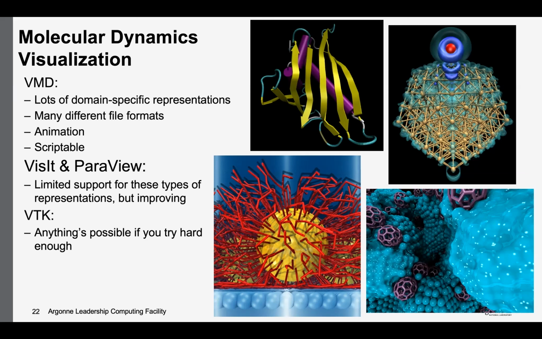Again, John will talk more about VMD up next. VisIt and ParaView have some support for this, and it's improving all the time. But again, look at tools like VMD, VisIt, those types of things that are domain specific, that have support for representations that are specific to different types of science domains.